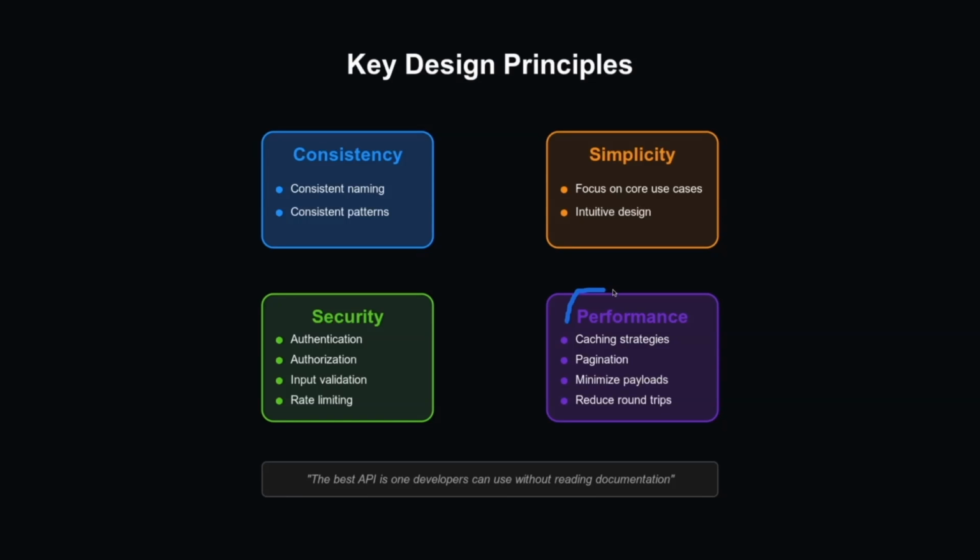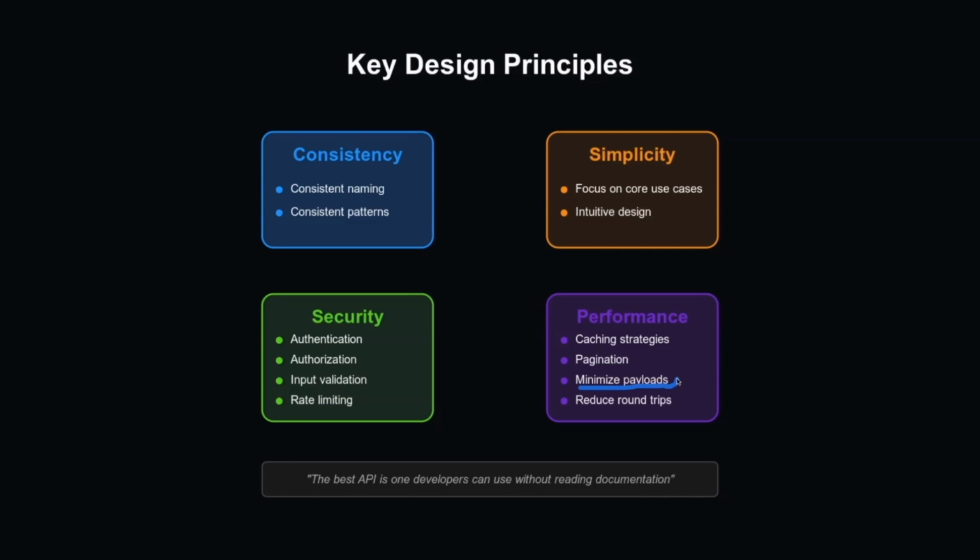And the last pillar is performance. So you should design for efficiency with appropriate caching strategies, with pagination. If you have a large amount of data, let's say thousands of posts, you don't want to retrieve all of this whenever they make a request to get the post. So you should always have pagination with some limit and offset.